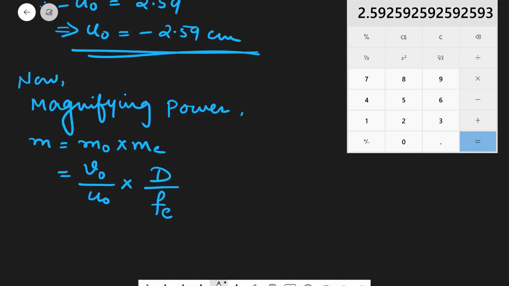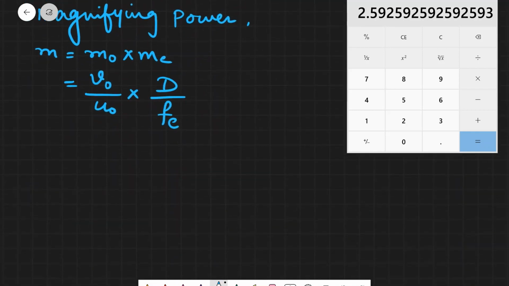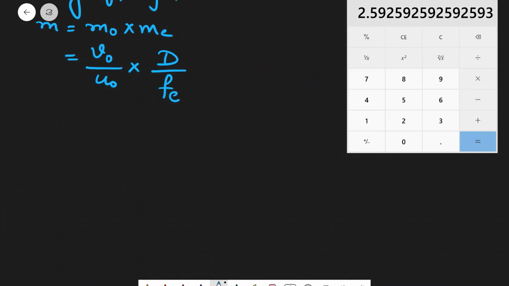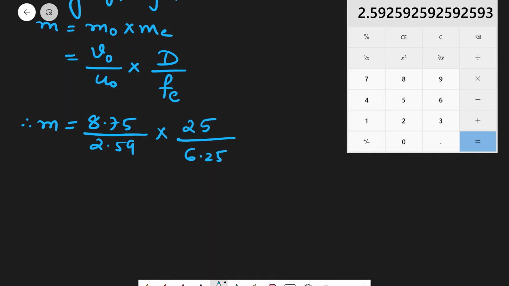Here we are writing D by FE and not 1 plus D by FE because the image is obtained at infinite distance. So therefore M will be equal to, here VO is 8.75 centimeter over UO is 2.59 into D is 25 and FE is 6.25.